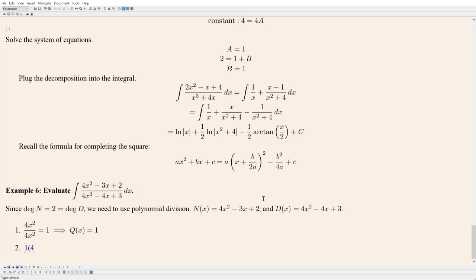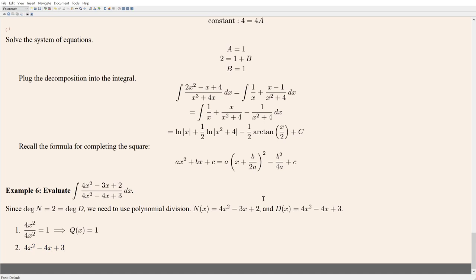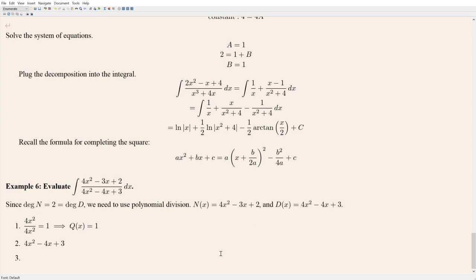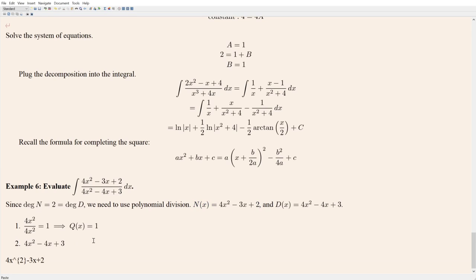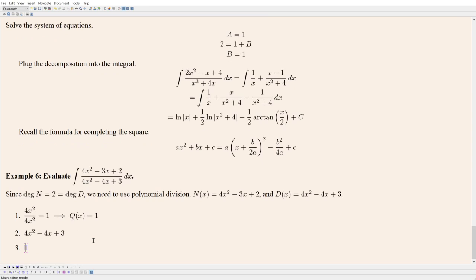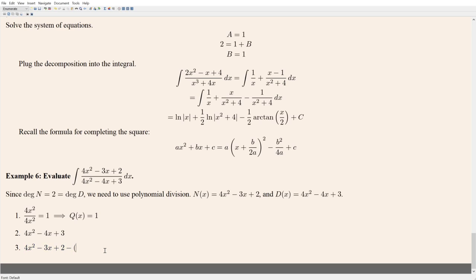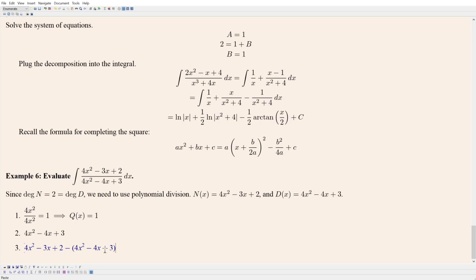Well, okay, you're just getting the same thing then. Next, take the result of step 2 and subtract it from n. Like so. And this is going to become our new n.